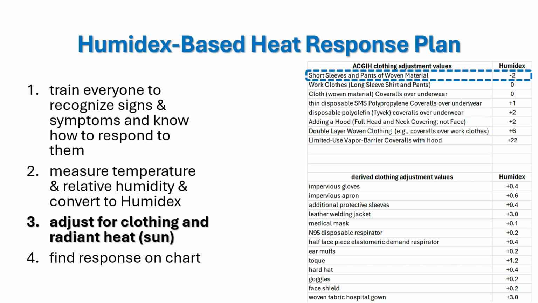So if you're wearing less than that, you can take 2 units off the Humidex. If you're working in the sun, in direct sun, you need to add 4 units to the Humidex value.